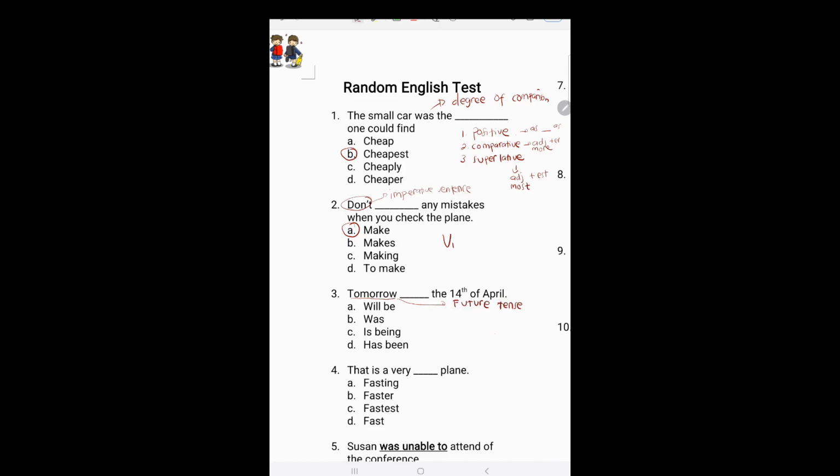And the pattern of future tense is subject plus will plus verb 1, or subject plus will be plus adjective, adverb, or noun. So we can see here that the best answer for the statement here is A, will be.